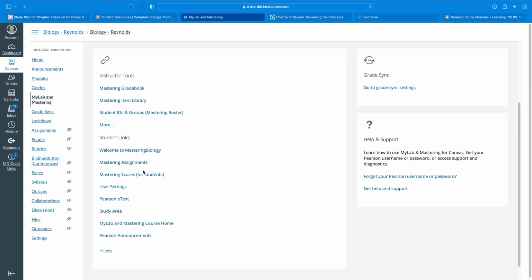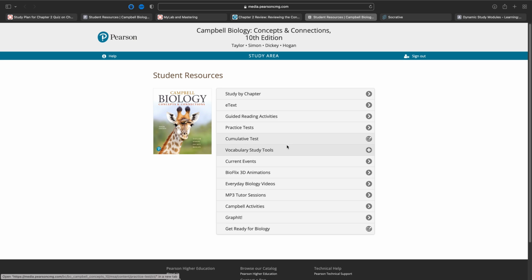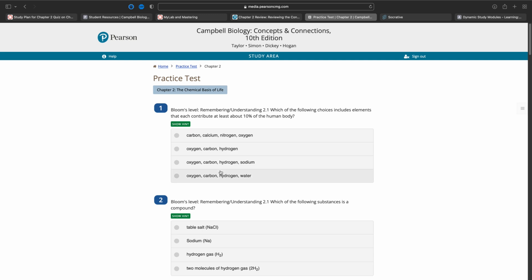right over here, I'm at Canvas, and there's a study area right here. And the study area has practice questions and access to the textbook as well. So have you been over here? Have you seen it? There's a practice test. So you would go practice test 2, and there's like 10 questions.